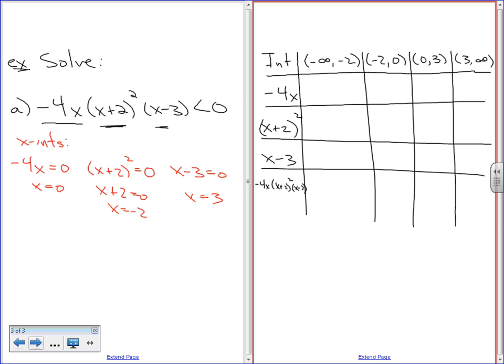Already said, right? Negative 7 times negative 4. Is that a positive or a negative answer? David? Positive. Negative 7 plus 2 squared. What's that work out to be? Anybody? Yep, positive. Negative 7 minus 3. What's that work out to be? Yep, negative.